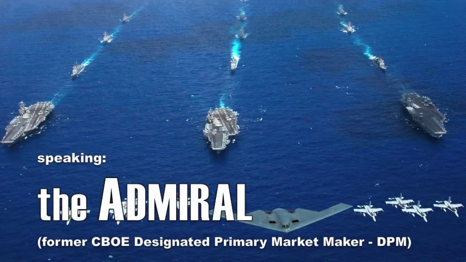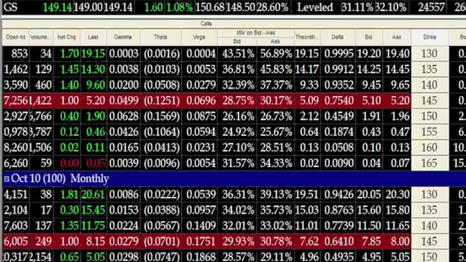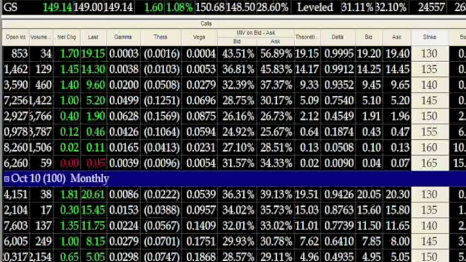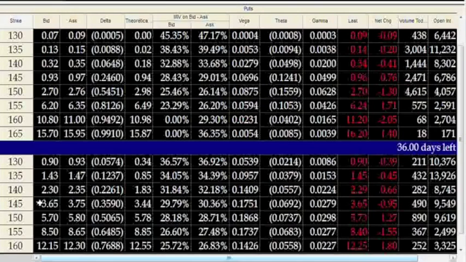Long the October 145 call. We're short the September 145 call. Okay, and that's 2.75. Now let's look at the put time spread. The October put is 3.65, 3.75, and the September 145 spread is 93.97.